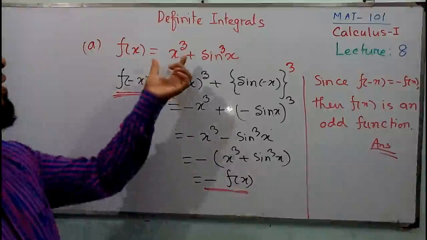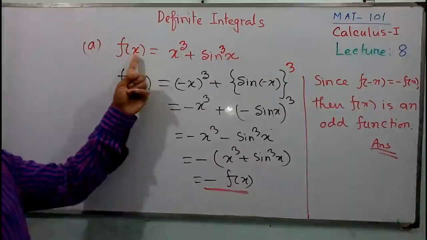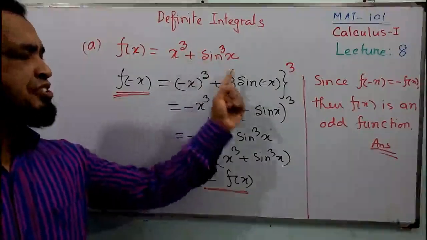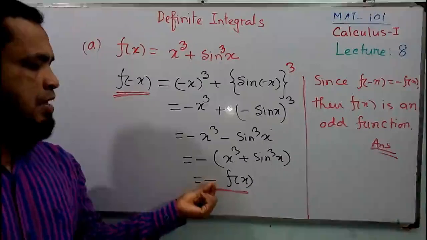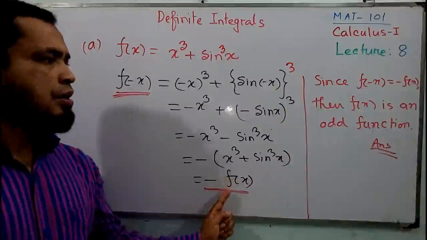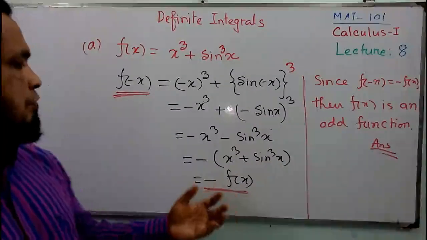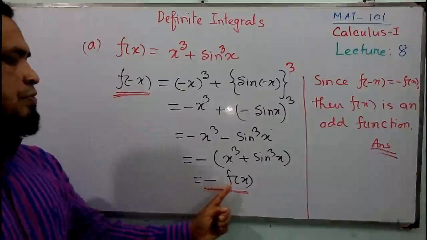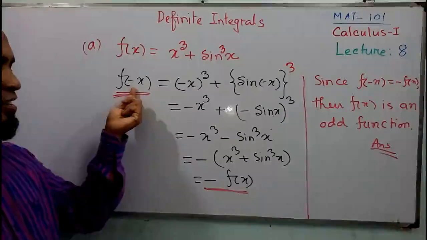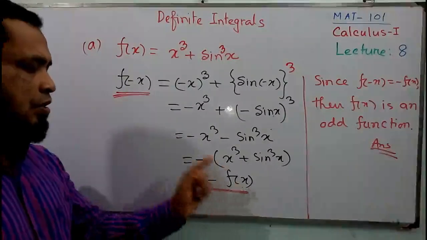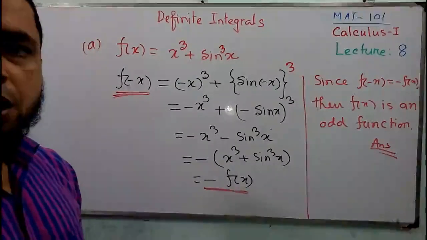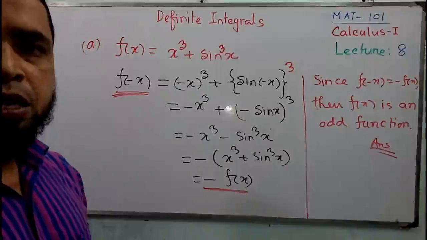That means in this function, instead of x you apply minus x, then calculate whether it is minus of f of x. When f of minus x equals minus f of x, it is known as an odd function. If we get f of minus x equals f of x, then it is an even function. And if f of minus x is not equal to f of x or minus f of x, then it is a neither function. Let us try to explain another problem.